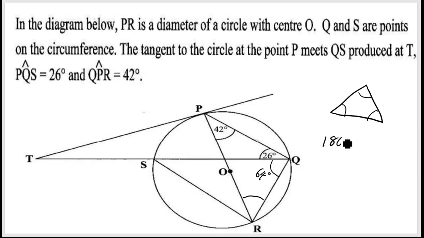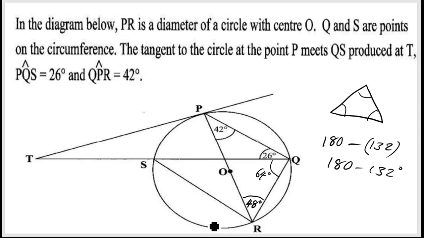So 180 minus (42 plus 26 plus 64), in short 42 plus 90, you have 132. If I subtract 180 minus 132, I am going to get 48. So this angle is 48 degrees.